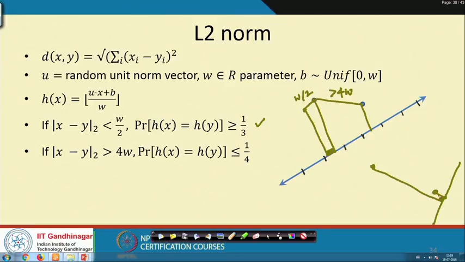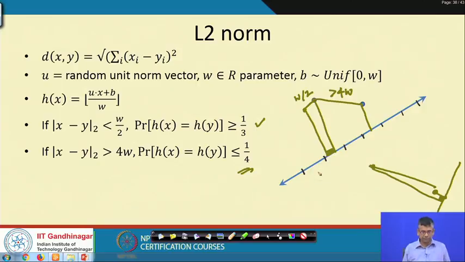But that means something about the direction of the projection line. It has a particular angle with the direction of the line xy. In fact, it lies in a particular cone around the line xy, and you can bound the probability of that.